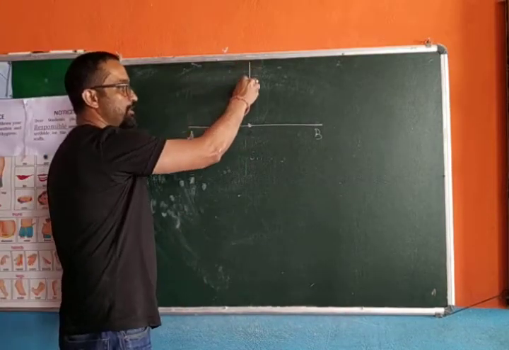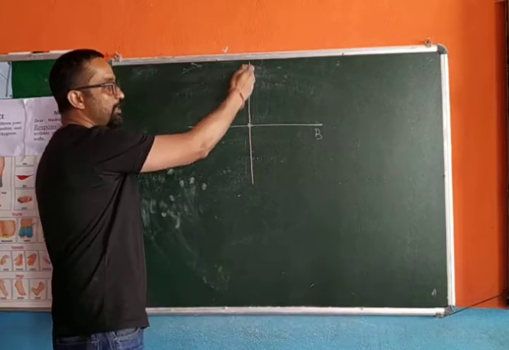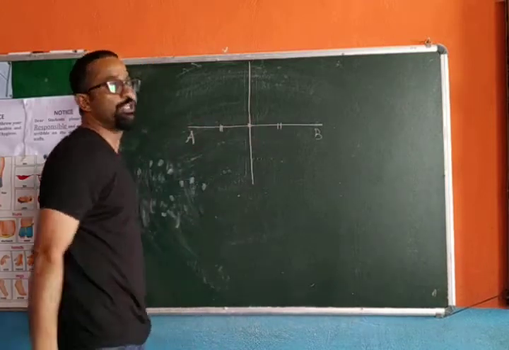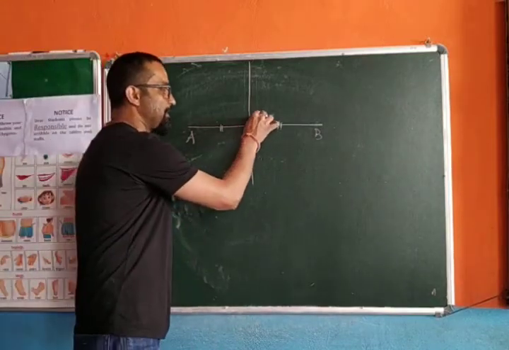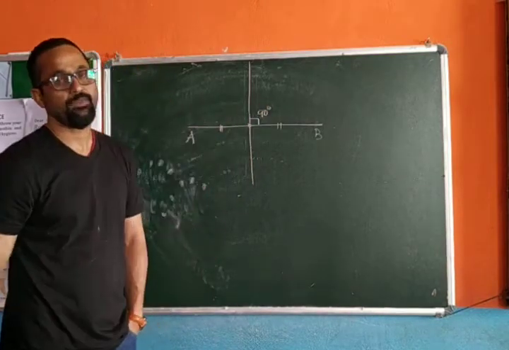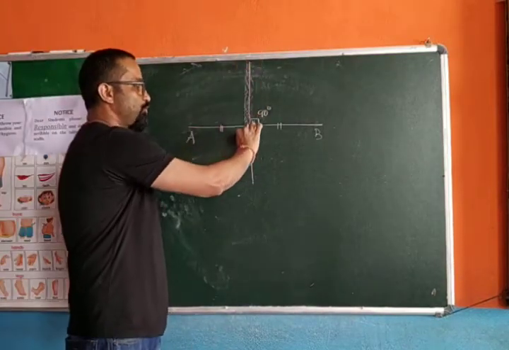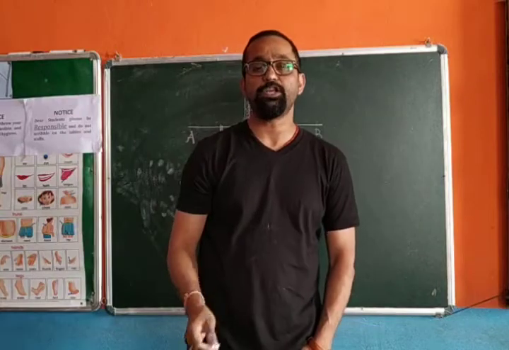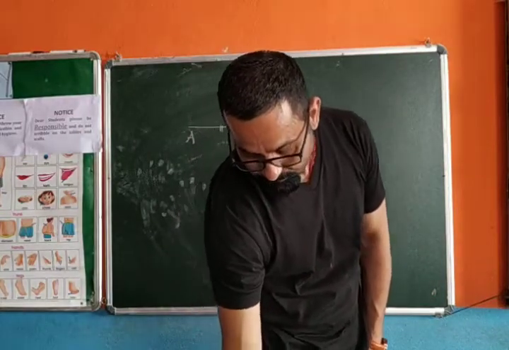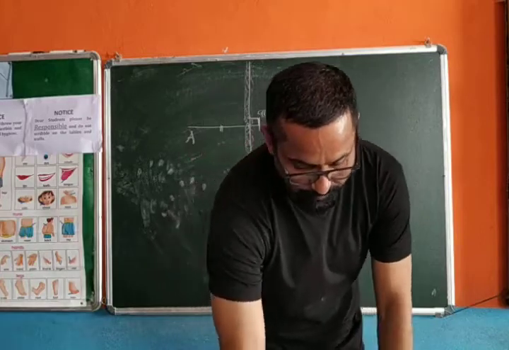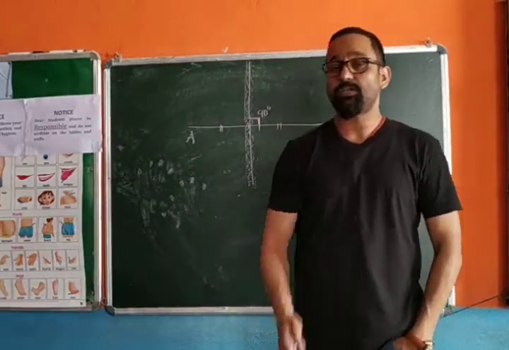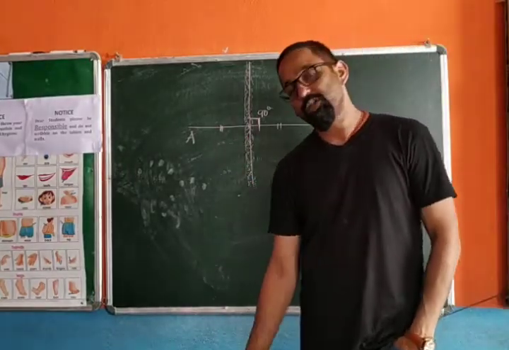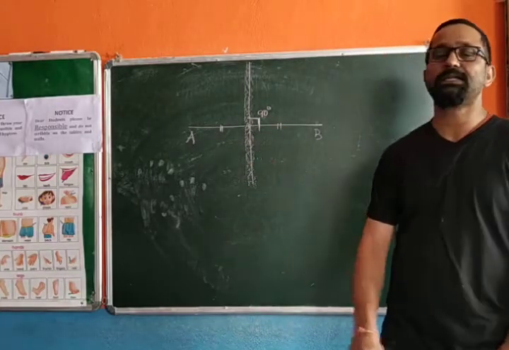Draw another line passing through this. The vertical line is dividing this AB into two equal halves, two equal parts, and it makes a 90-degree angle with the given line. So the line which we are drawing, passing through the midpoint and making a 90-degree angle, is called the perpendicular bisector. A perpendicular bisector always passes through the midpoint of a given line. It always makes a 90-degree angle with the given line.